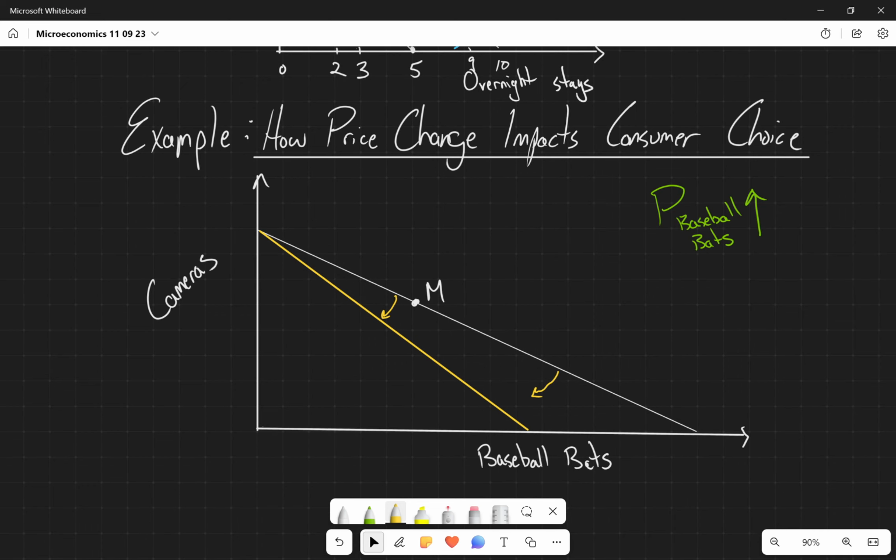To represent the fact that at this new price, if we spent all of our income on baseball bats, let's say we could get 100 baseball bats before, now we're only able to get 50. So when the price of baseball bats rises, this budget constraint is going to rotate inwards.